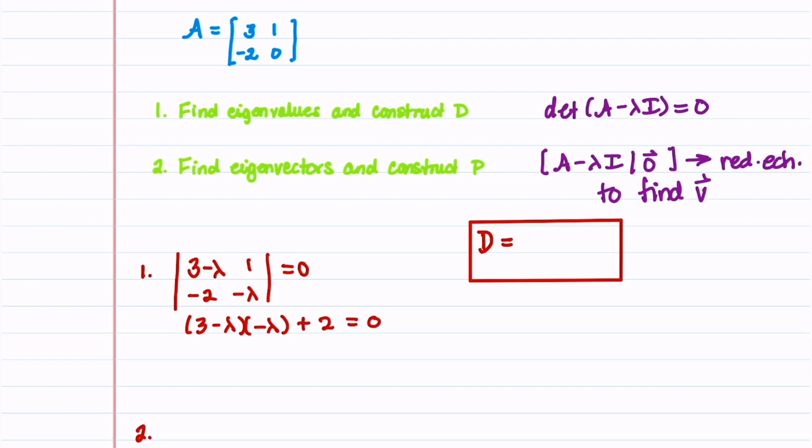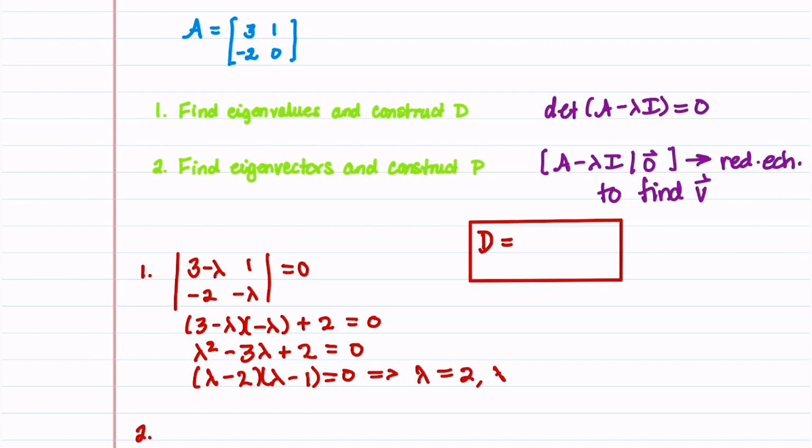We multiply everything through, so we have lambda squared minus 3 lambda plus 2 is equal to 0. We're going to factor that, so this is (lambda minus 2)(lambda minus 1) is 0, and that gives us lambda is equal to 2, and lambda is equal to 1.